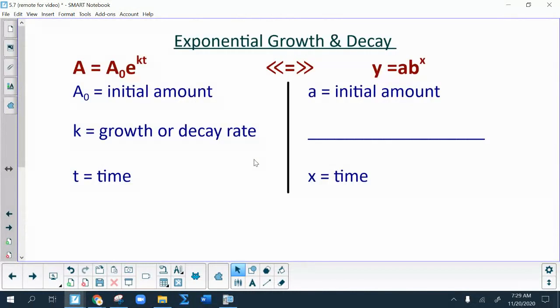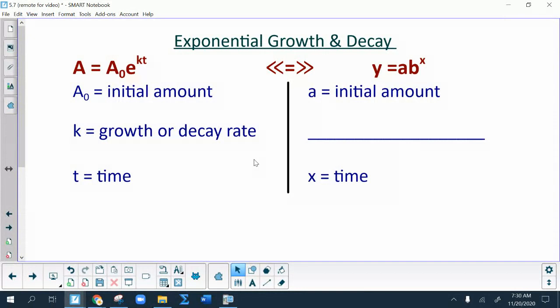Then we're going to talk about the two different forms of the formula that we have. The one on the left is what I would call the more scientific version of the formula, where it uses e. The one on the right is the more algebraic form of the exponential growth and decay model, I should say.